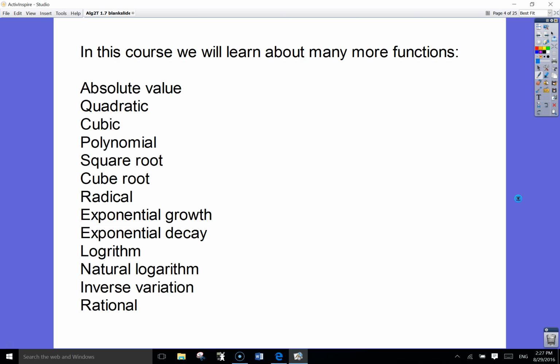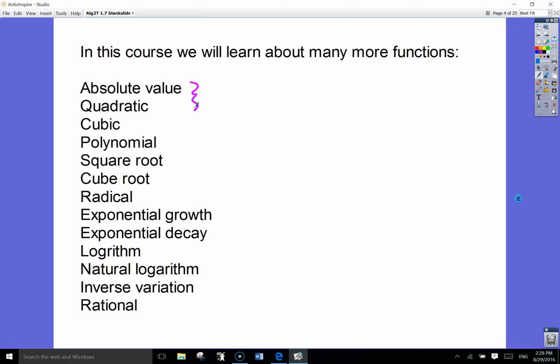And in this class, we're going to learn about lots more kinds of functions, right? In fact, in this first unit, we're going to touch on both absolute value functions and quadratic functions. But we will add to this, and this is really the strength of what we do in this class, a whole bunch more that'll be useful to you as you go up the math chain or in your science classes that sometimes use these kinds of functions to describe real-world processes, right?